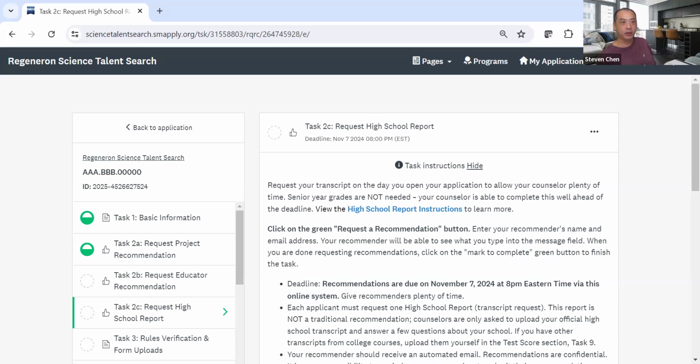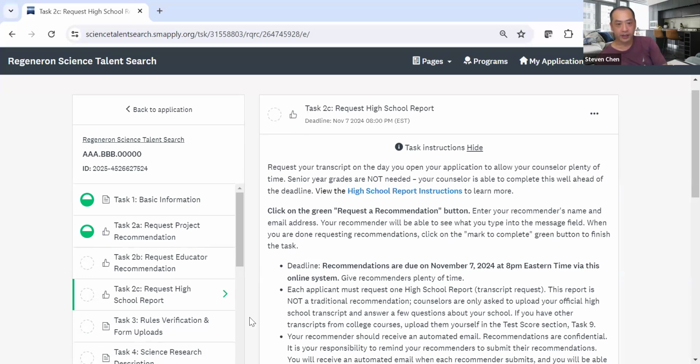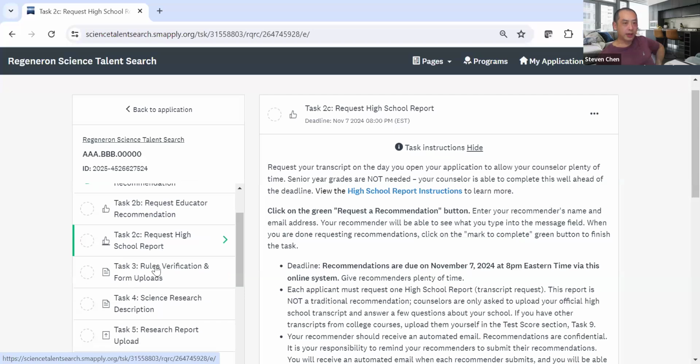So this is something you need to explain to your high school counselor clearly. Don't scare your counselor and make them incorrectly believe they have to do lots of additional work. That is not the case. The work is minimal, just simply submit and upload the high school's report. That's it. Okay, all right, those are task 2 about recommendation letters. Next, let's go to task 3.